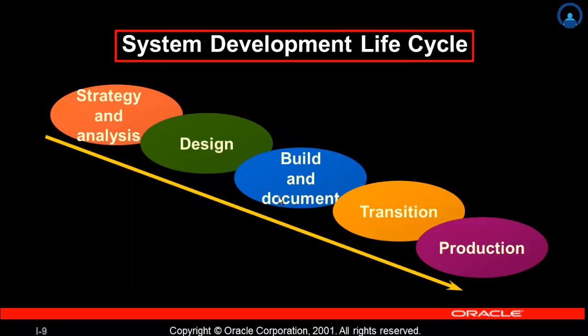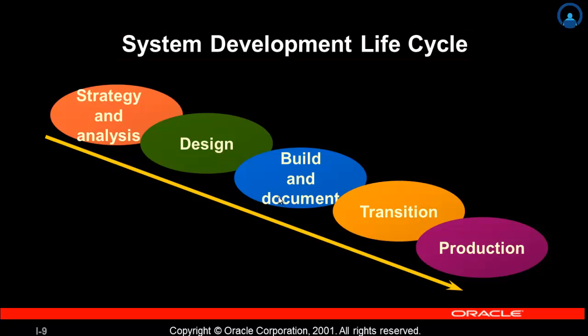System development life cycle. From concept to production, you can deploy a database by using System Development Life Cycle, which contains multiple stages of development. This top-down systematic approach to database development transforms business information requirements into an operational database.